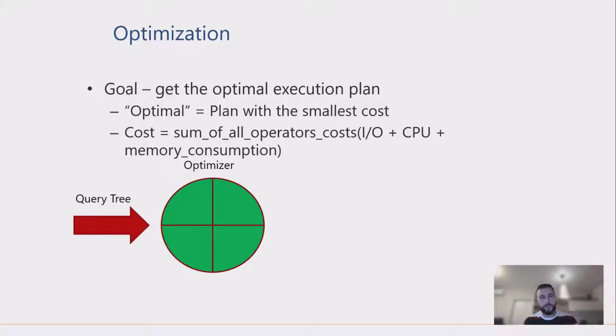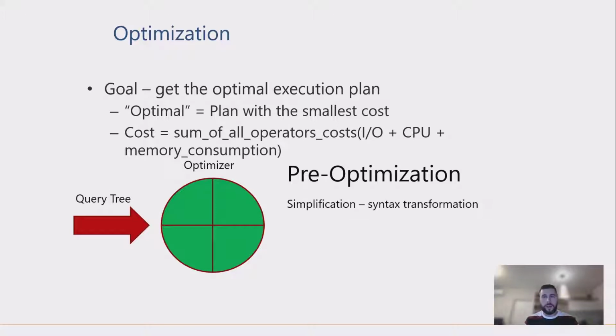So, query tree came from algebraizer to optimizer, and SQL Server started the first stage, which is called pre-optimization. It tries to do simplification, some syntax transformation to get the query simpler, but not changing the query logic. And SQL Server at this stage loads statistics, not the column statistics, but the table rows count.